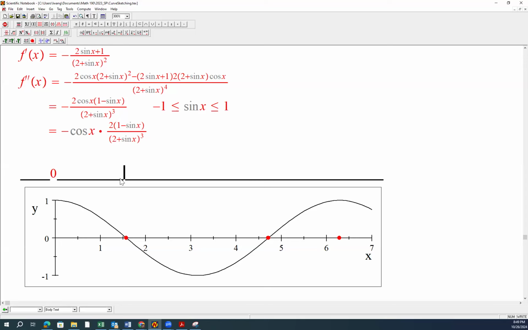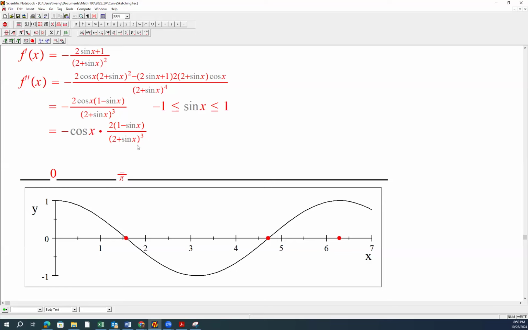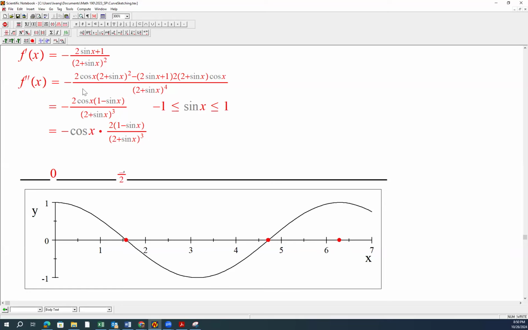This piece here is pi over 2, and 2 pi at the end, and this other one is 3 pi over 2.